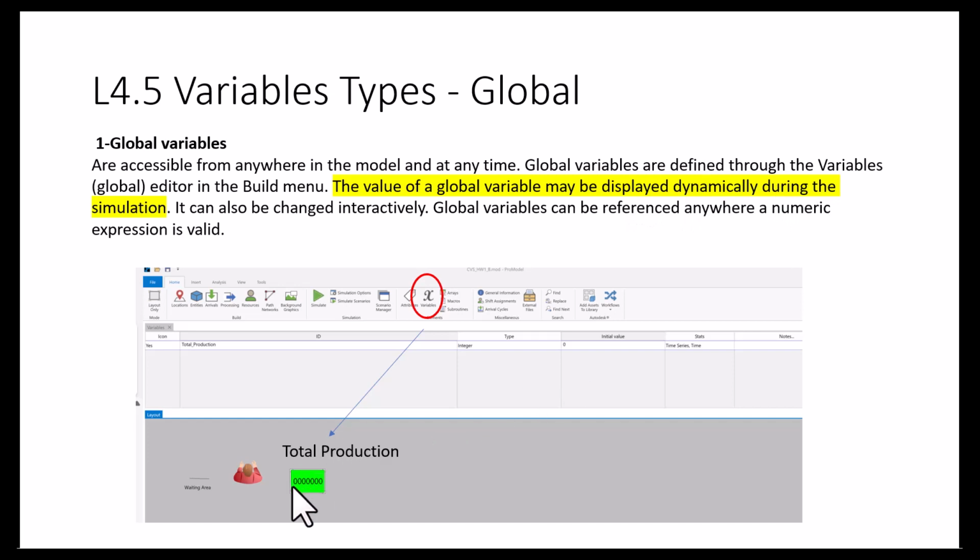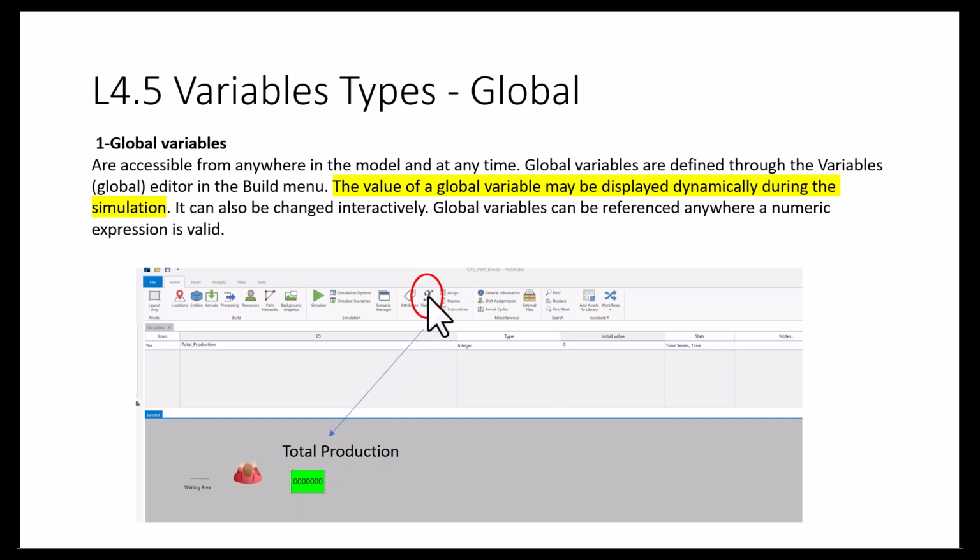Let's say that I want to trace production. This actual number keeps changing as your simulation runs. You start to see how many entities are coming into the final end before they exit. So if you want to dynamically trace the total production, this is a great example.